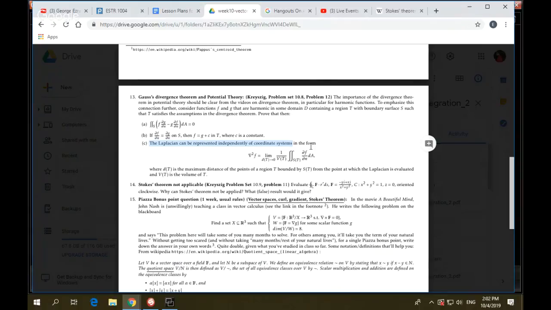So you're taking a ratio of two objects, both of which are very small. On the one hand, this volume is very small. On the other hand, this double integral of del f by del n times dA over the surface is also going to be small because the area is very small, right?